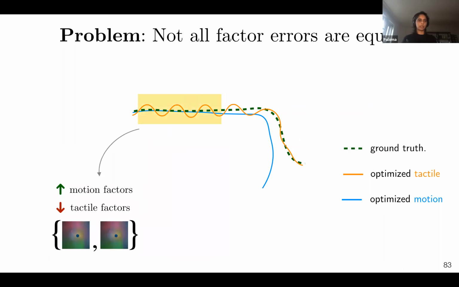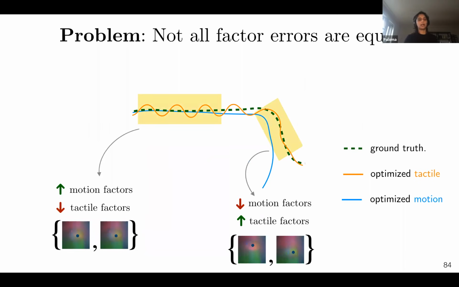So for instance, during the straight line sections where there aren't many relative rotations, the motion factors are more reliable than the tactile factors because the quasi-static dynamics approximation is more accurate.